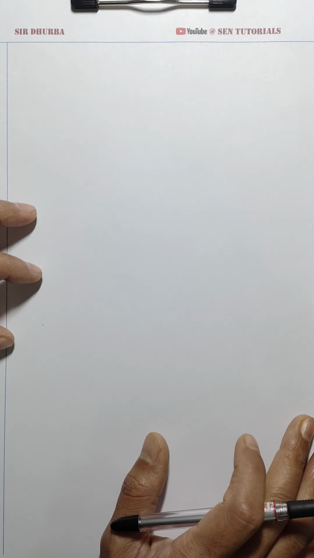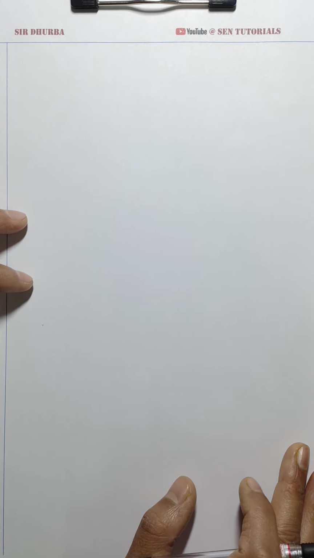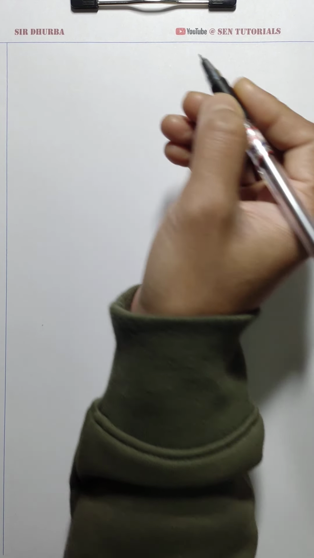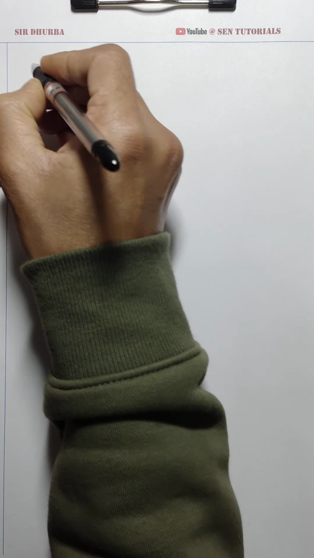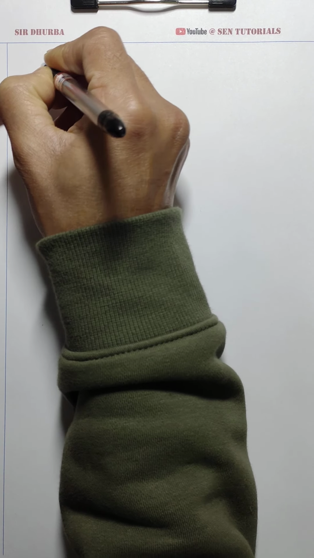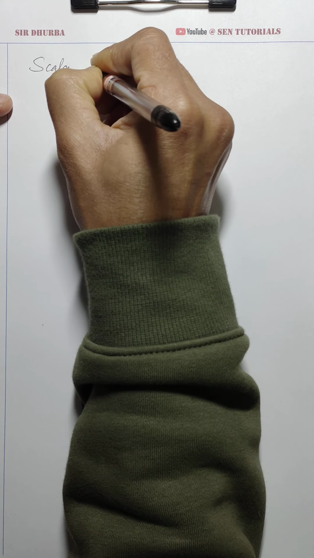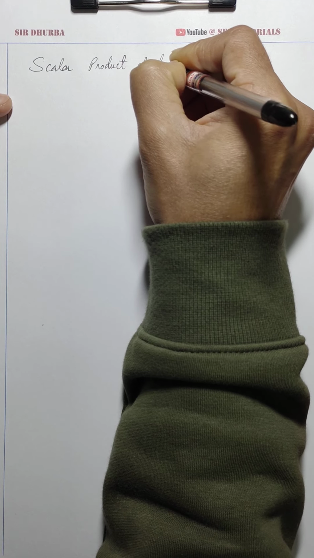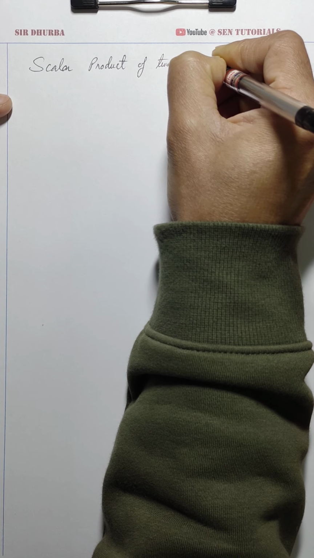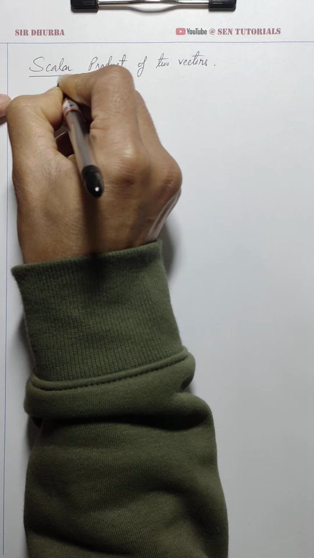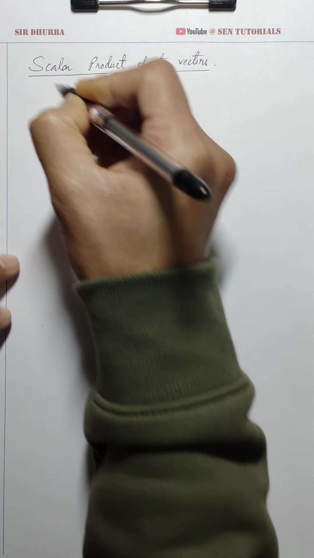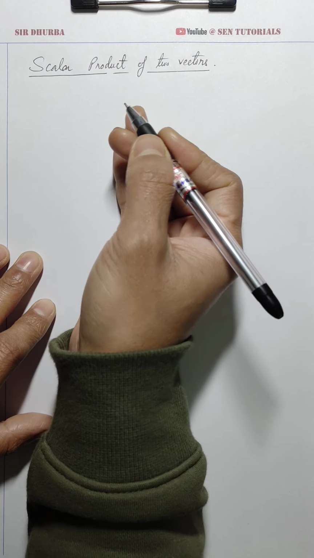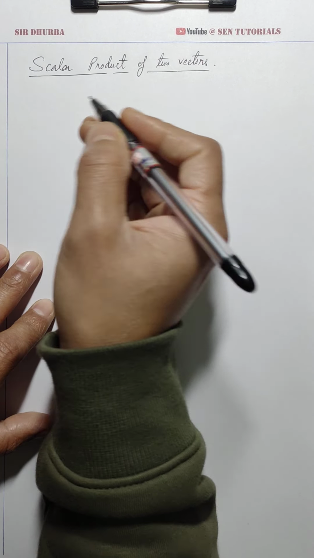How do we find the dot product or scalar product of two vectors? Let's start with the scalar product of two vectors. Since this is just a revision video, I'm going straight to the point.